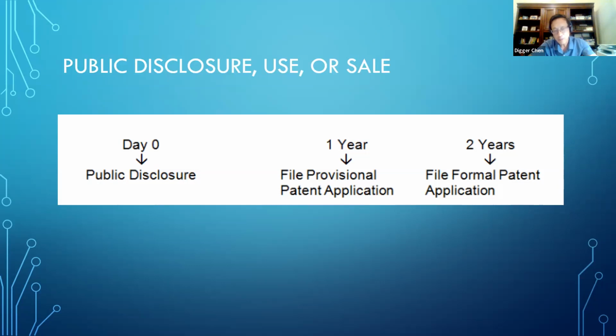That's called public disclosure, day 0. Within 1 year, you are eligible to file a patent application. You can file a provisional application or a formal patent application within 1 year.